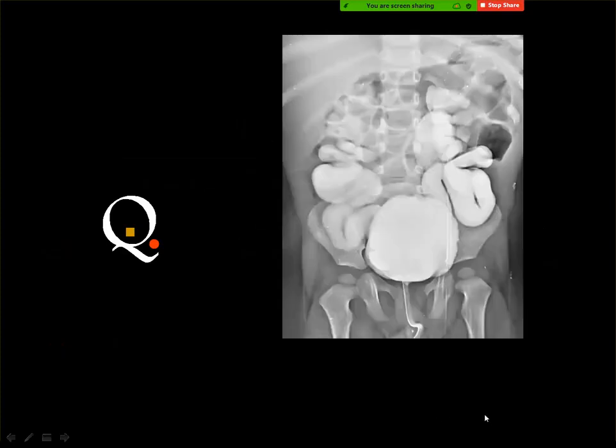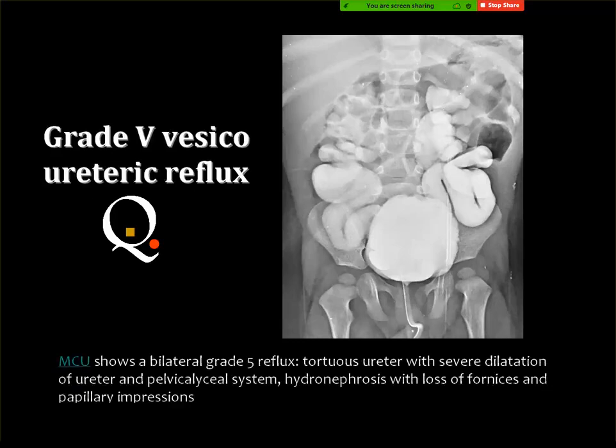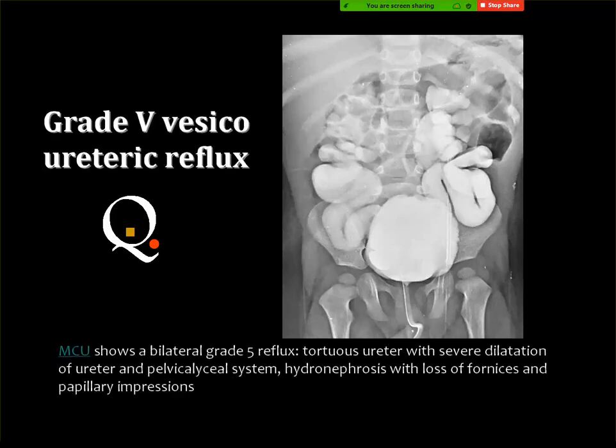Megacystis megaureter. Grade 5 vesicoureteric reflux, type 5. There is a small point here, which is how to differentiate between both.